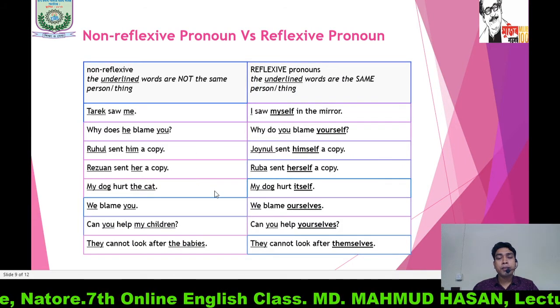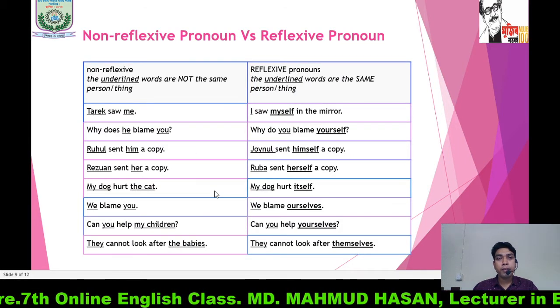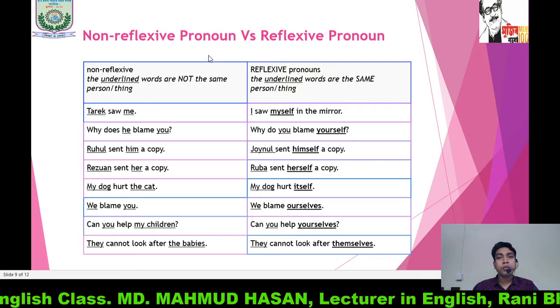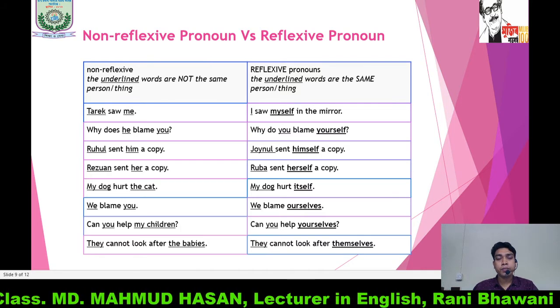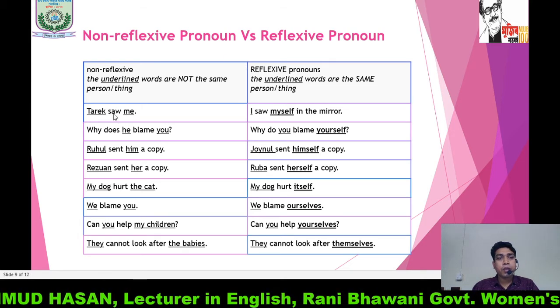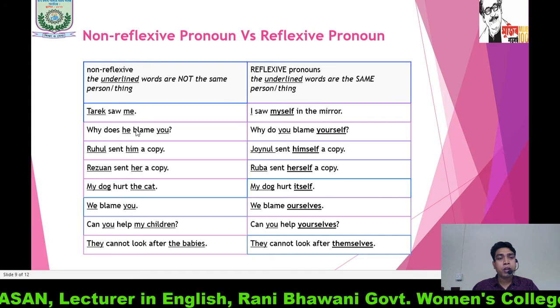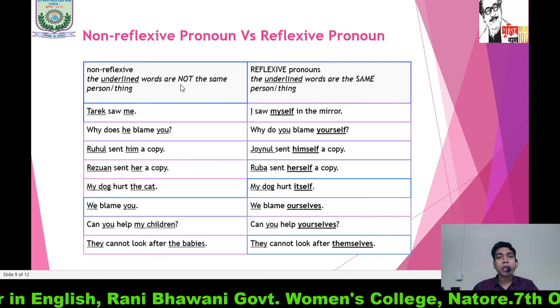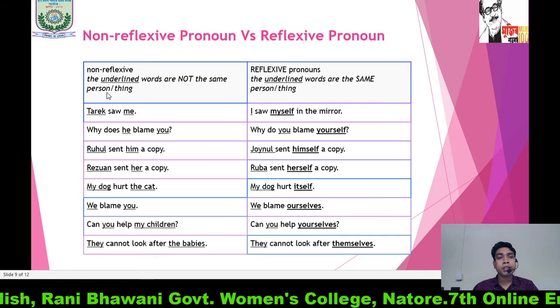Here are some examples which will make you understand non-reflexive pronoun versus reflexive pronoun. These are the examples of non-reflexive pronoun. The underlined words are not the same person or thing.